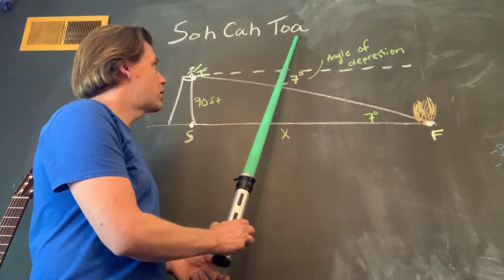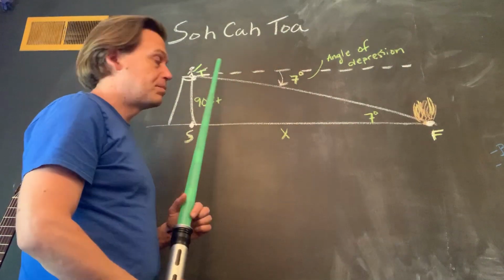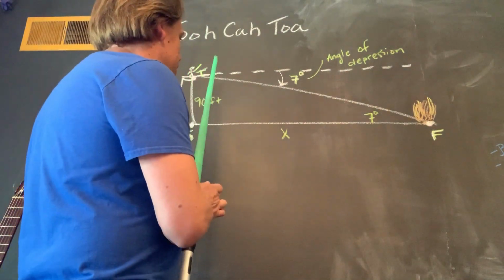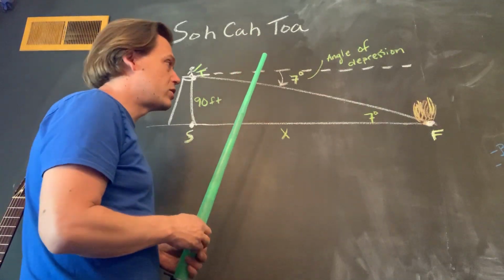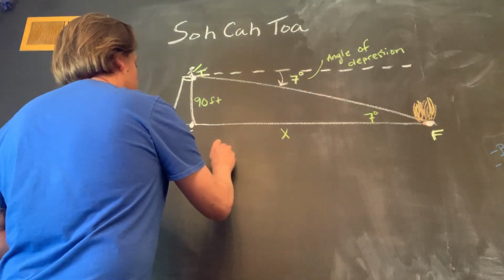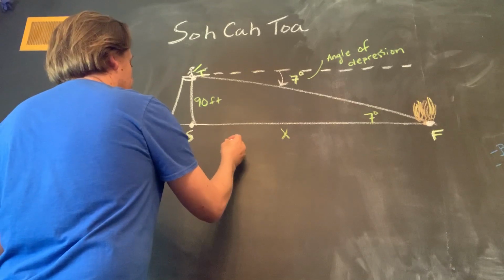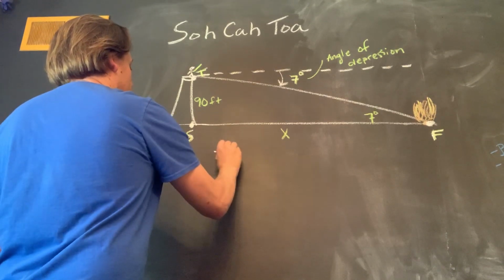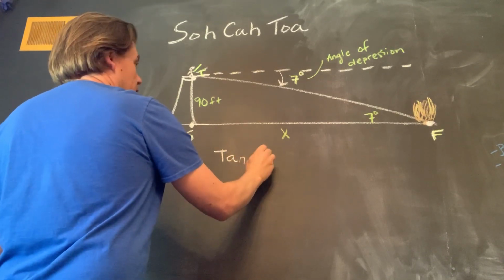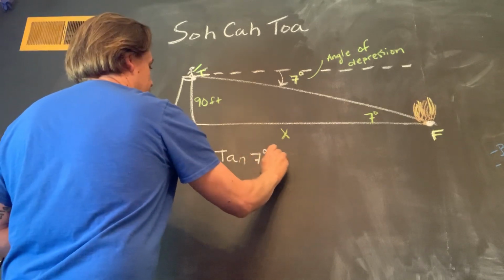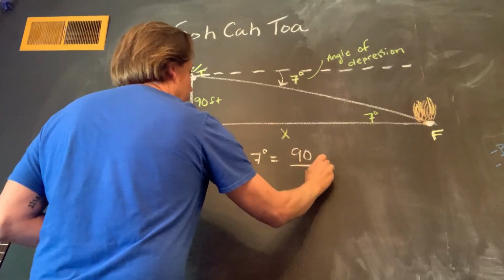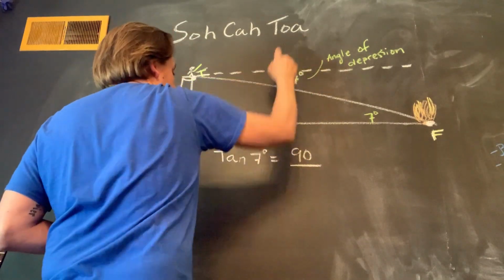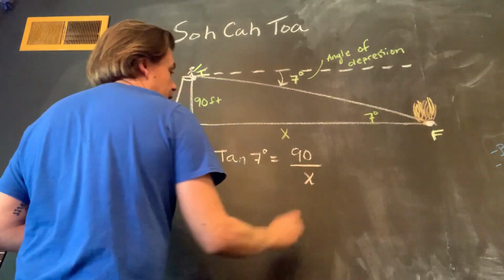That is TOA, tangent. So he's gonna write this equation in his brain. He can do this all in his head, doesn't need a calculator, he's a Jedi. So you could put tangent of 7 degrees is equal to 90, opposite is 90, over adjacent, that's x.